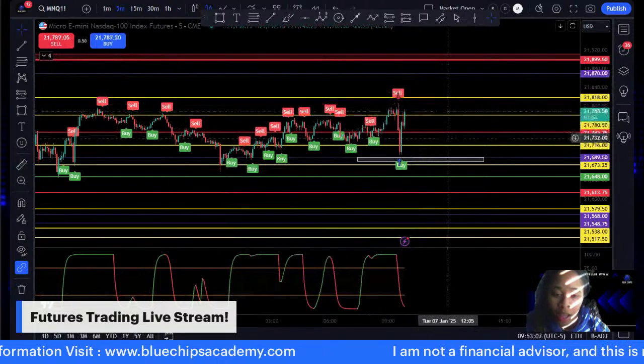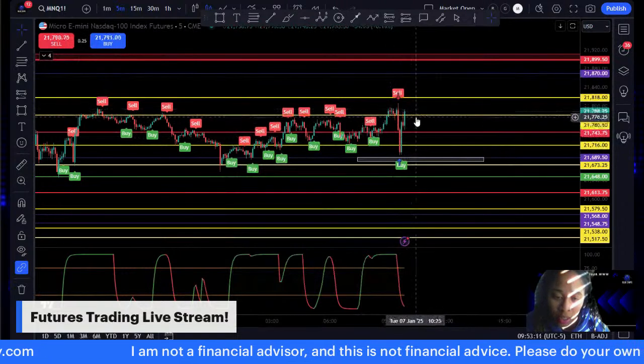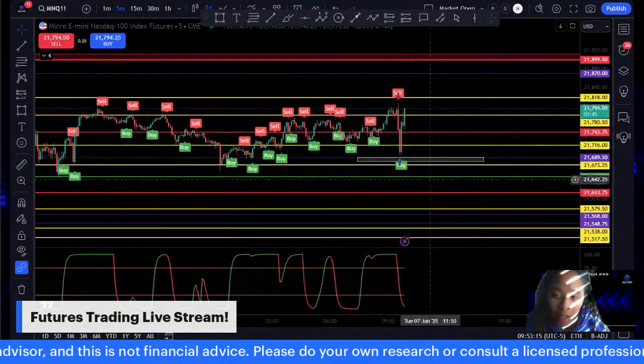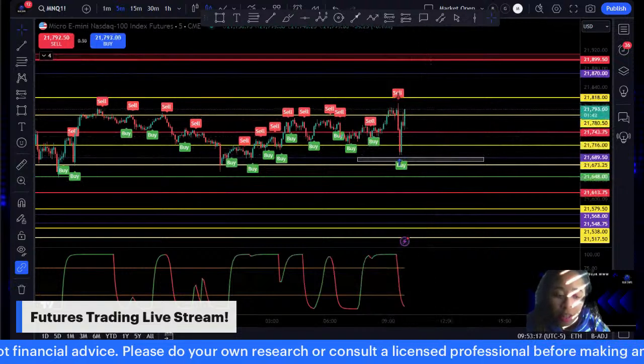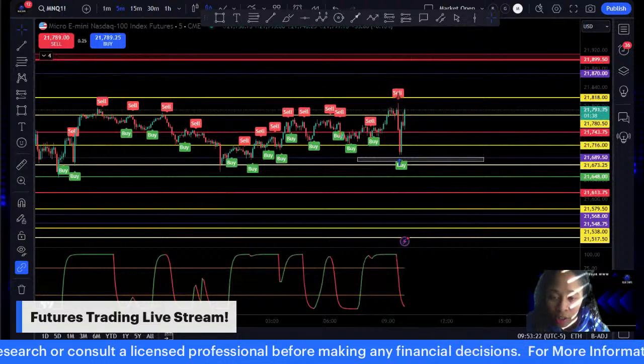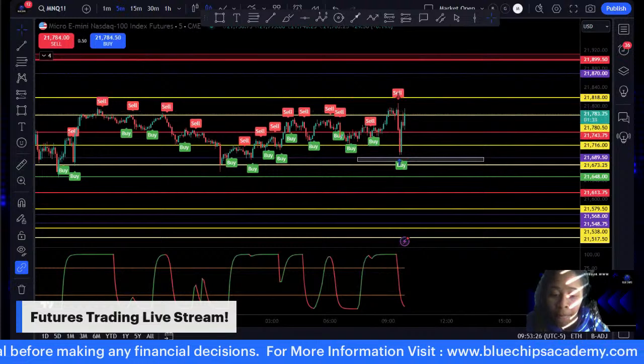Now I'm in two positions. The position with the least amount of contracts should be TP2 because it has a further distance. Yeah, I might want to write that down. The position with the least amount of contracts should be allocated to TP2.